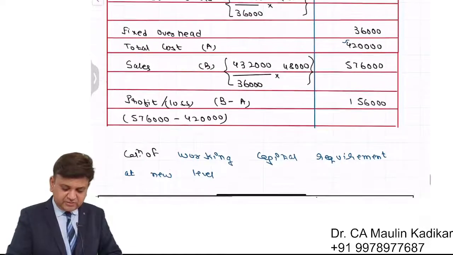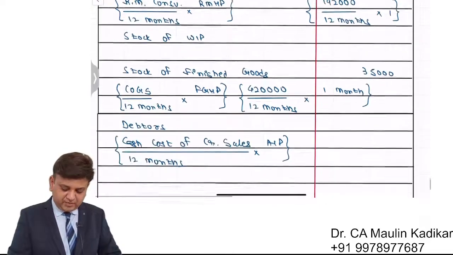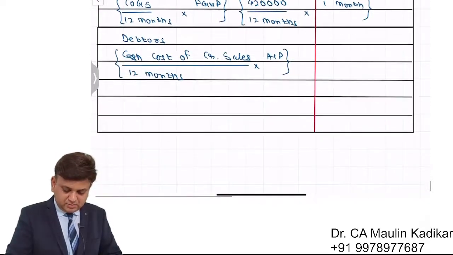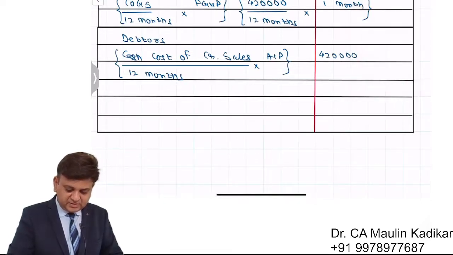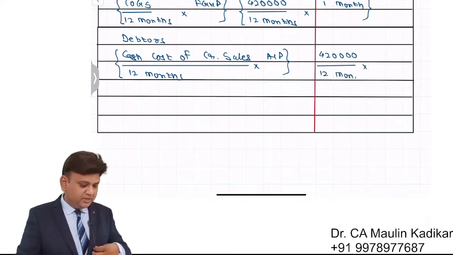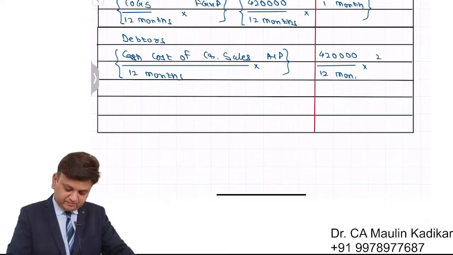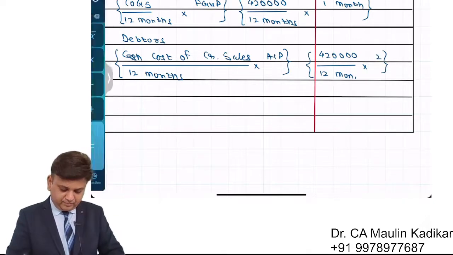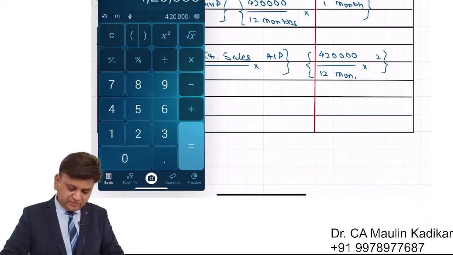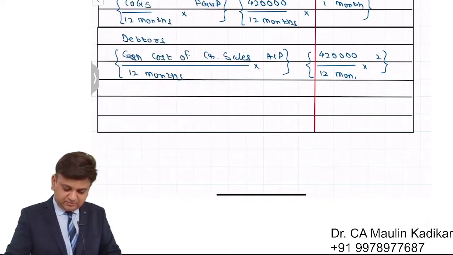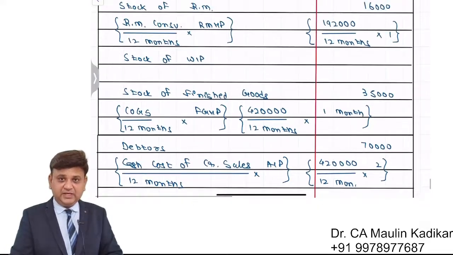The cash cost of the credit sales is again 4,20,000 divided by 12 months, multiplying with the average collection period, provided to us as 2 months this time. So 4,20,000 into 2 divided by 12 is 70,000. That is the way the data are calculated.